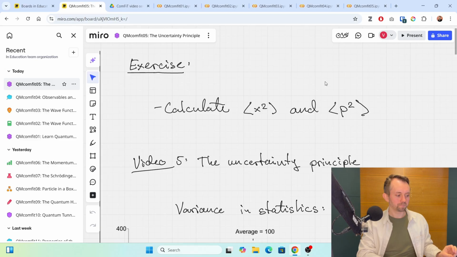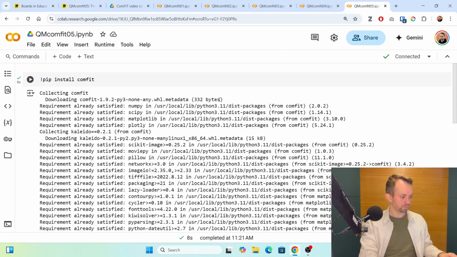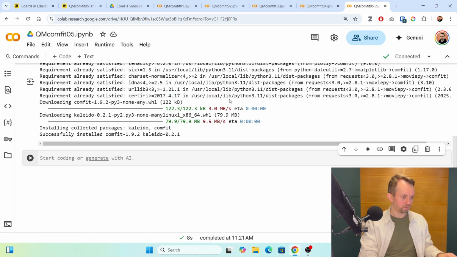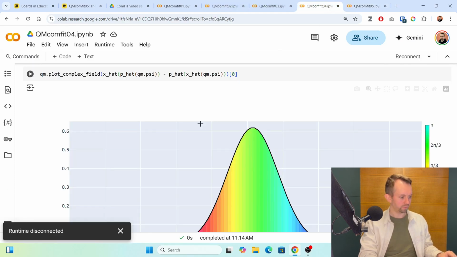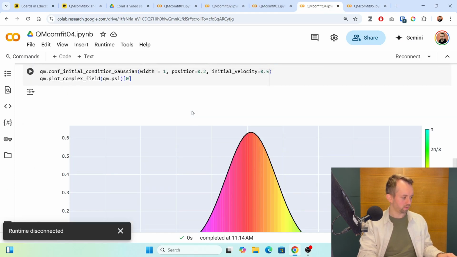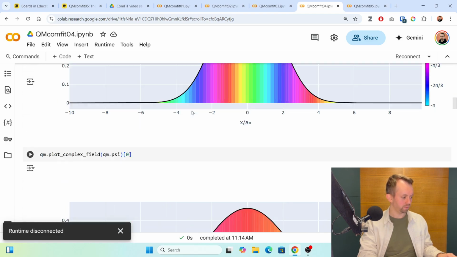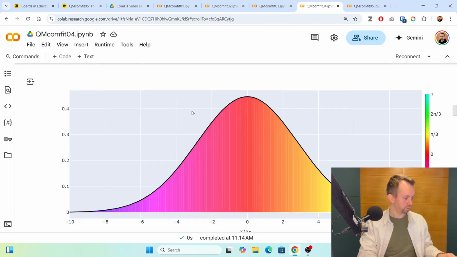So, in the last video, I gave you the exercise of calculating x squared and p squared. So let's just start by solving those exercises. In order to do that, I'm going to go back to the previous file and borrow the functions that we created in video 4.